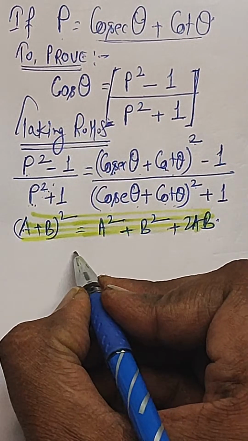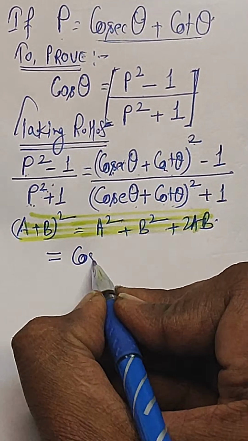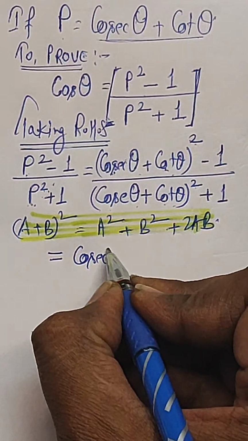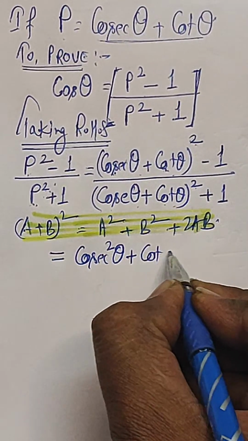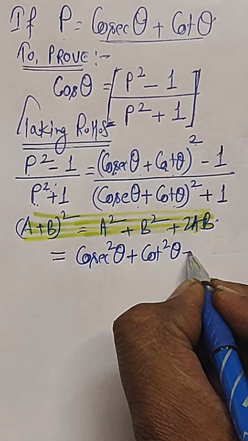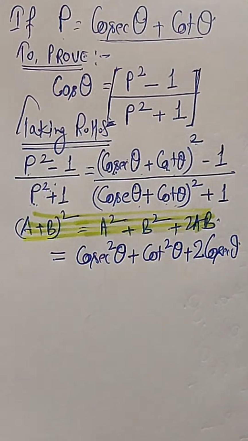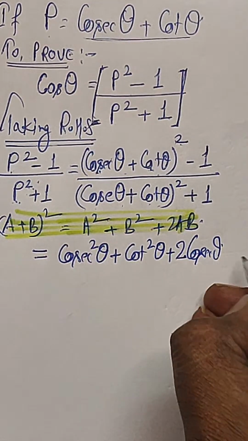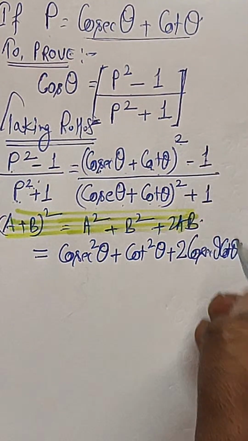We will just expand it. When you expand it, the numerator becomes cosec theta whole square plus cot theta whole square plus 2 times cosec theta into cot theta, then again minus 1.